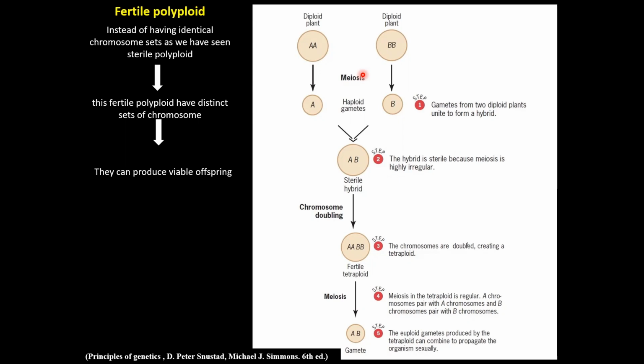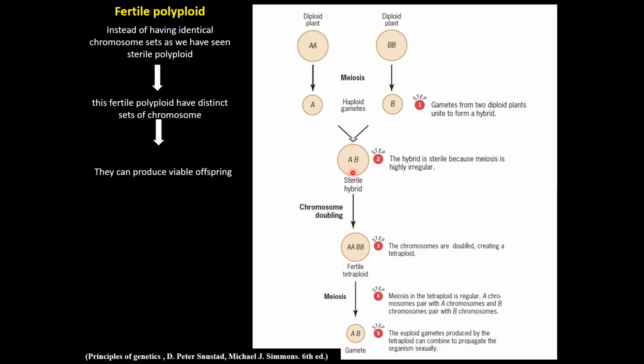Plants A and B cross to produce a hybrid plant. Now, this hybrid is probably sterile because chromosome A cannot pair with chromosome B, as they came from distinct but related diploid plants.